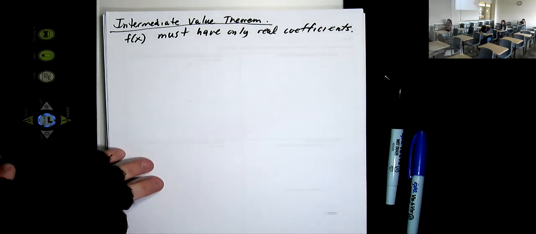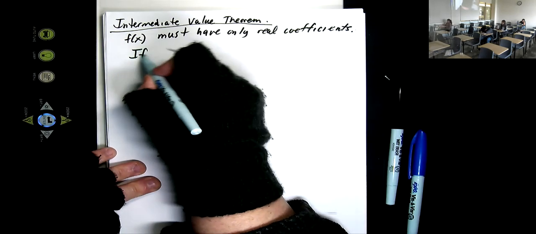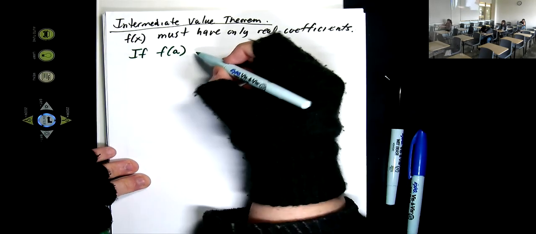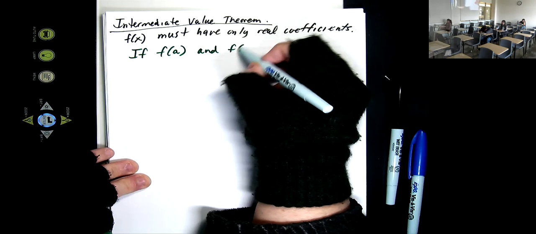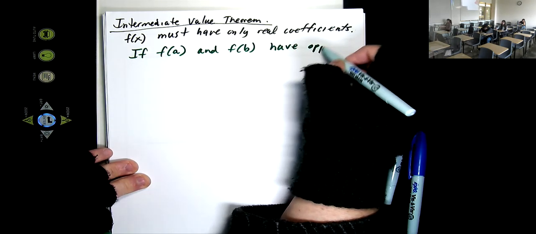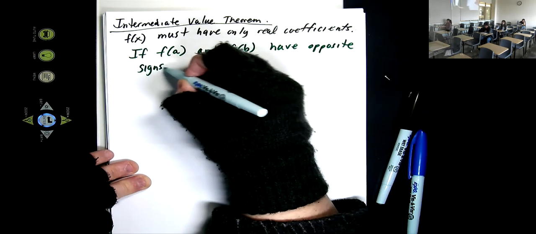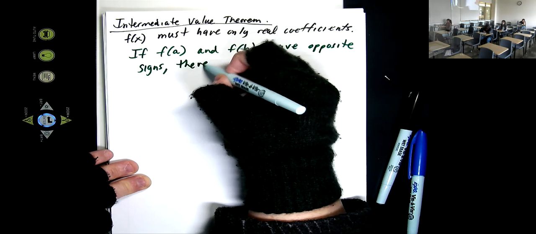Then, if f of A and f of B have opposite signs, there's a 0 between them.